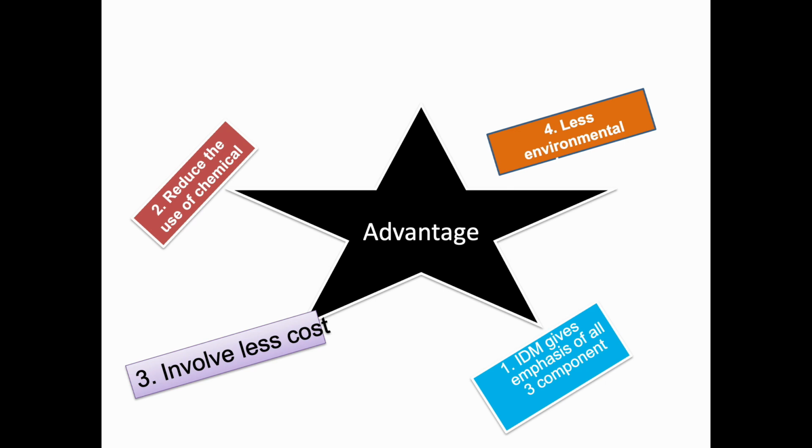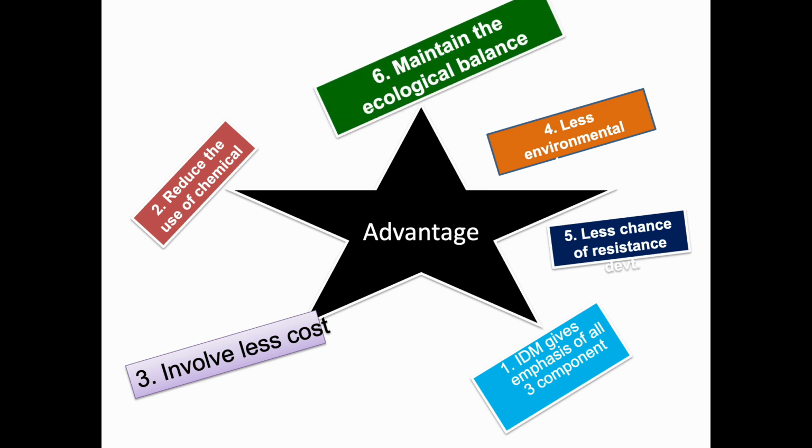It causes less damage to the environment. There is less chance of development of resistance by a pathogen against the different types of approaches that are generally used in formulating integrated disease management practices, and then it helps in maintaining the ecological balance. This is the most important part.